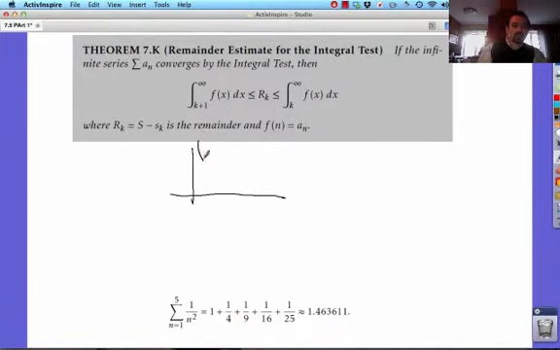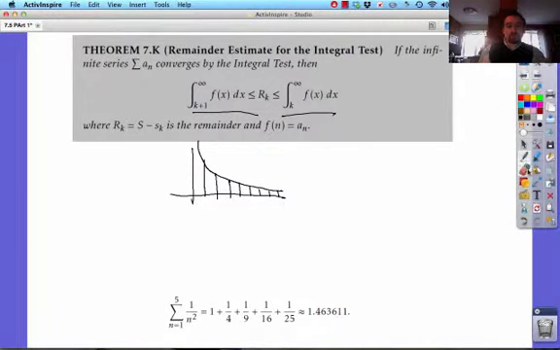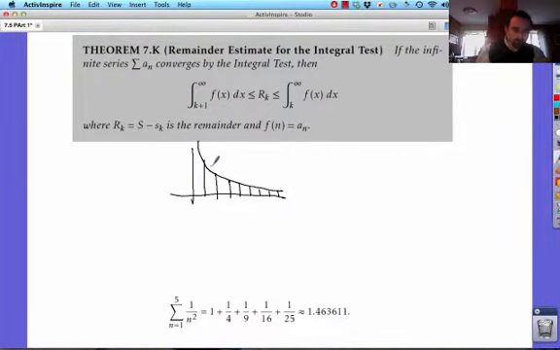If we look at it again, a decreasing series, it doesn't really matter which one it is here. Here's 1, 2. The idea is that sometimes this is much easier to compute than the actual series. We've seen situations where that's the case. So the integral is the area underneath the smooth curve.